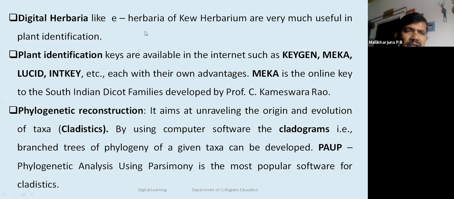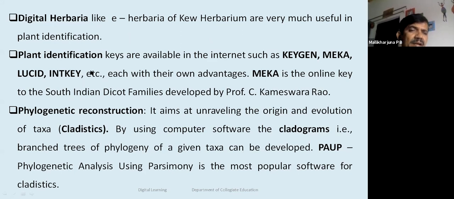So to avoid that, and also to access different types of plants online, we are using digital herbaria at university level, institute level, as well as international level, like the Kew herbarium. Digital herbaria are very useful and accessible to everyone across the globe.